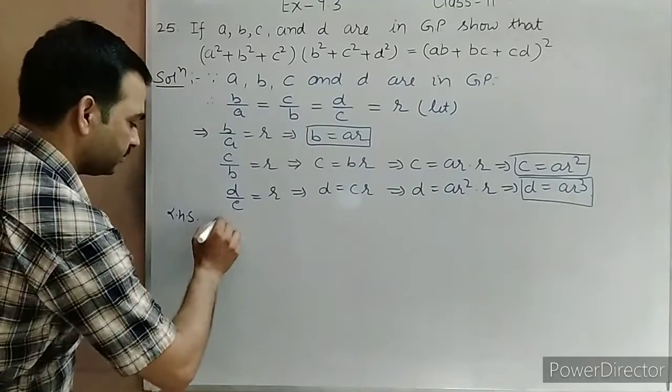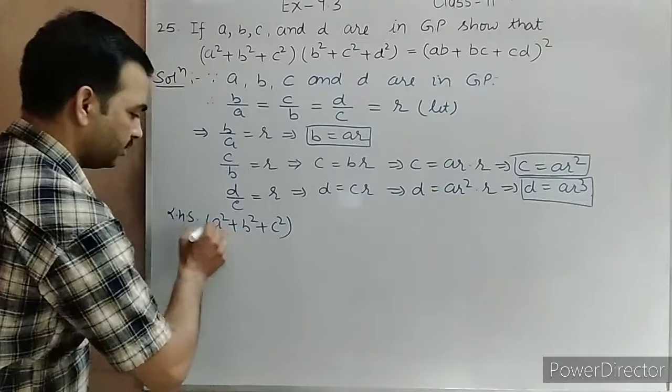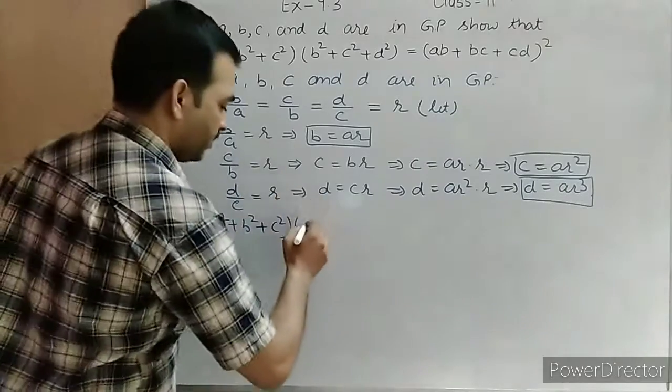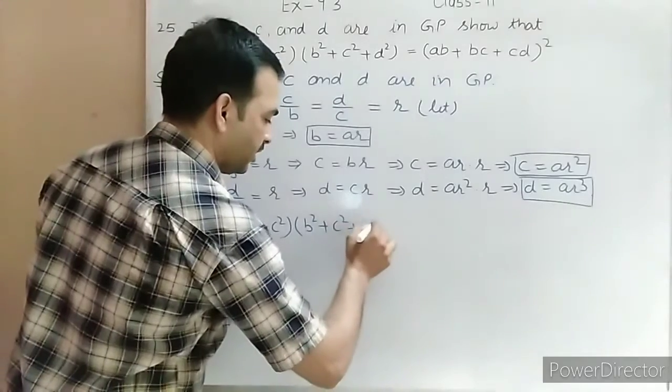A square plus B square plus C square multiplied by B square plus C square plus D square.